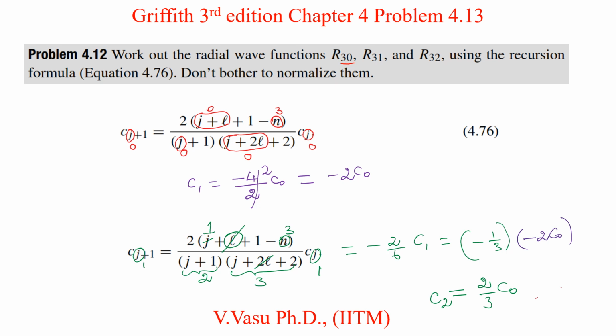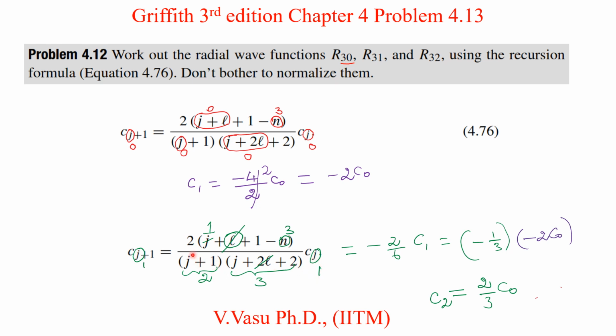Then what about this? Same thing if you apply j equal to 1, l is 0 and n is as usual 3. In the denominator, j is 1, so 1 plus 1 is 2, and 1 plus 2 is 3, so 2 into 3. Here c_j is also c1.